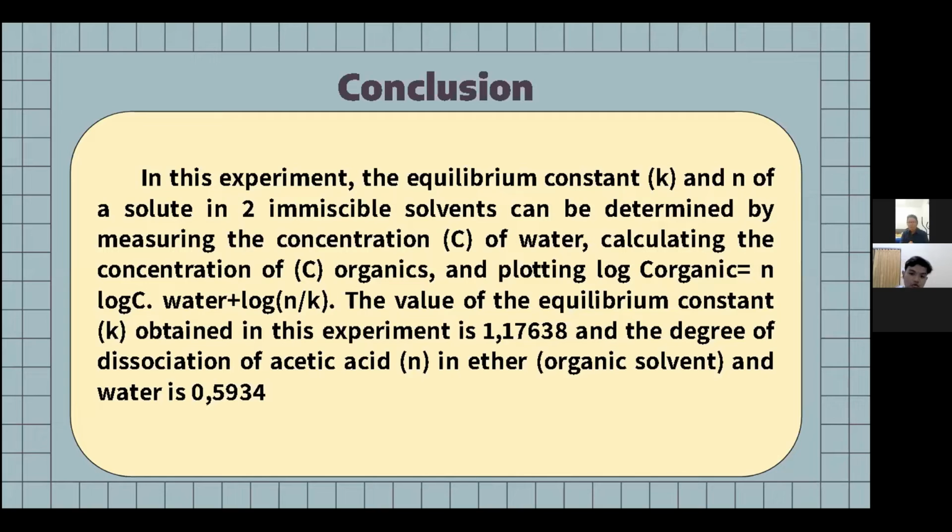And the last is the conclusion. In this experiment, the equilibrium constant and n of solute into immiscible solvent can be determined by measuring the concentration of water, calculating the concentration of organic, and plotting log C organic equals n times log C water plus log K divided by n.